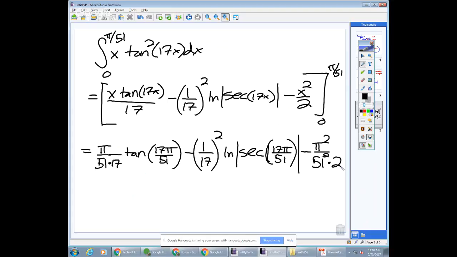17 pi over 51 simplifies? Huh. Why am I not seeing that? 17 pi.